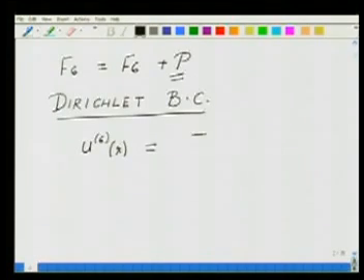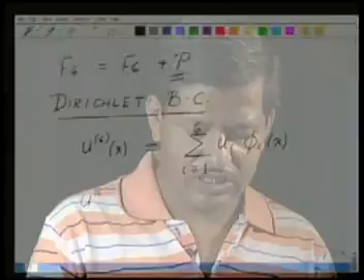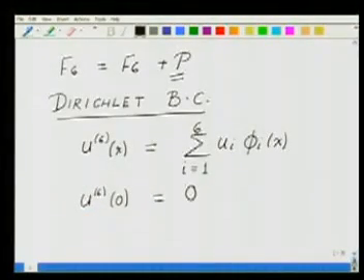This is equal to the sum over i equal to 1 to 6 of ui phi i(x), and we know that u6 at 0 for this problem has to be equal to 0. Now, at x equal to 0, which is the node x1, only phi 1 is equal to 1, all other phi's are 0.